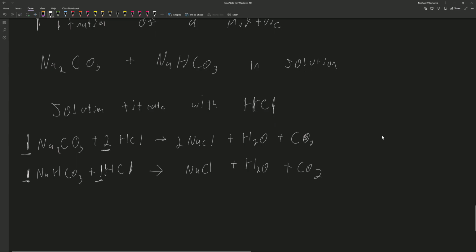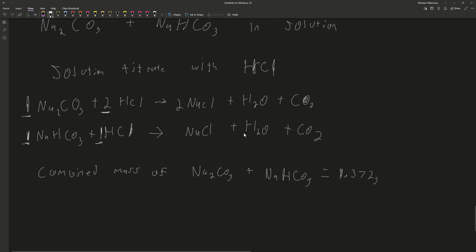And let's say the combined mass of Na2CO3 plus NaHCO3 equals 1.372 grams.